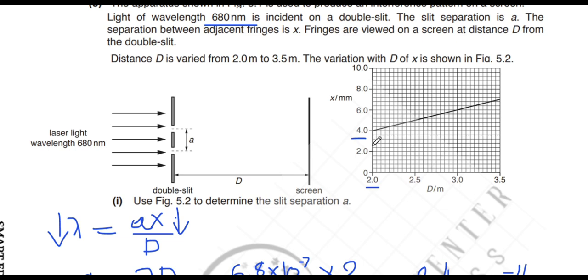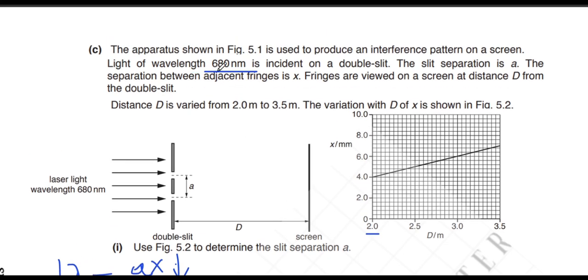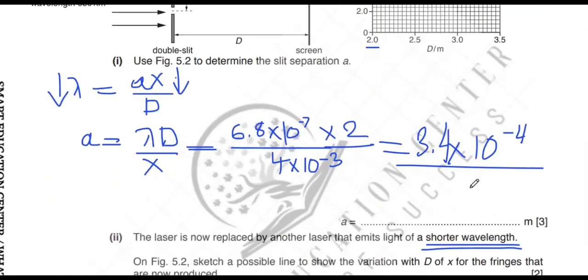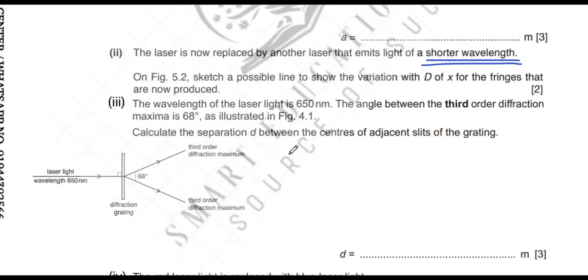So it can be anywhere, just like this, or like this, or like this. It depends. You can give anywhere. But for an example, here they use 680 nanometer, and the shortest wavelength could be about 400 nanometer.